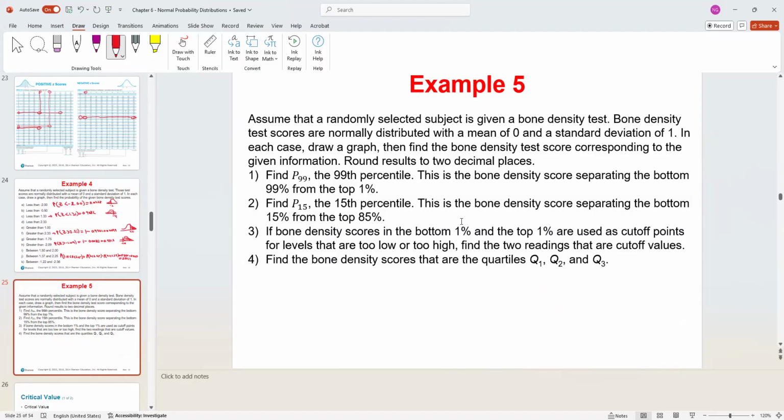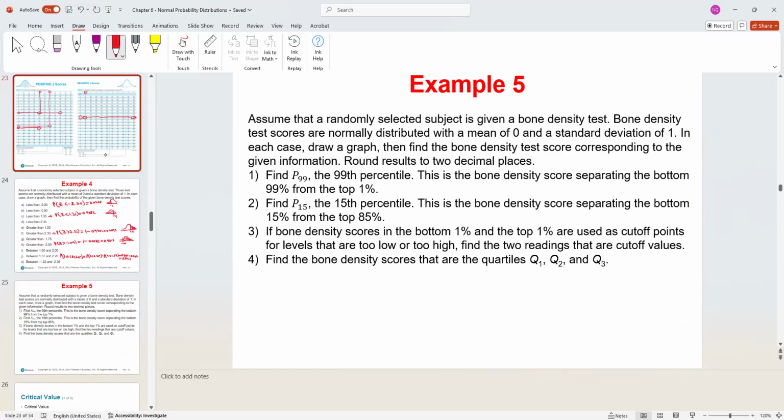So find 99. So 99 for us in this case means we're looking for the z-score for it. If you have the 99th percentile, this is the bone density. For us, 99, we're going to do the 99th percentile.